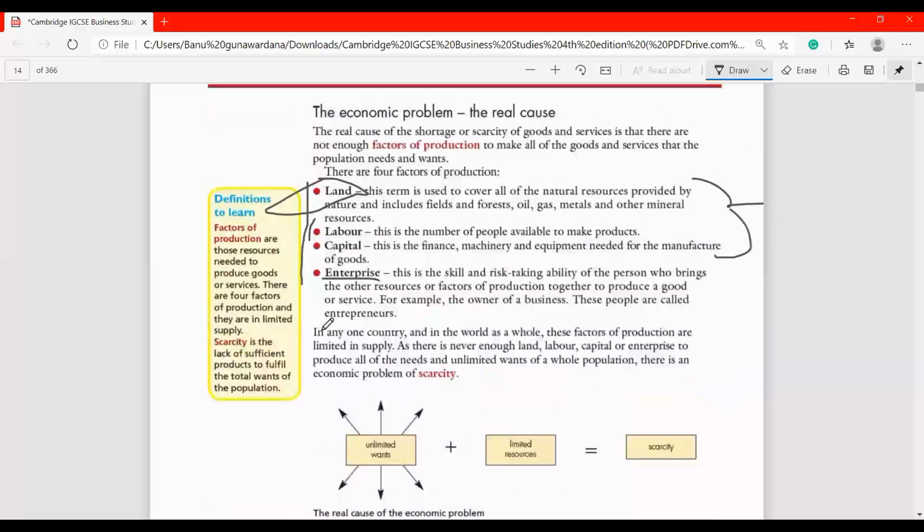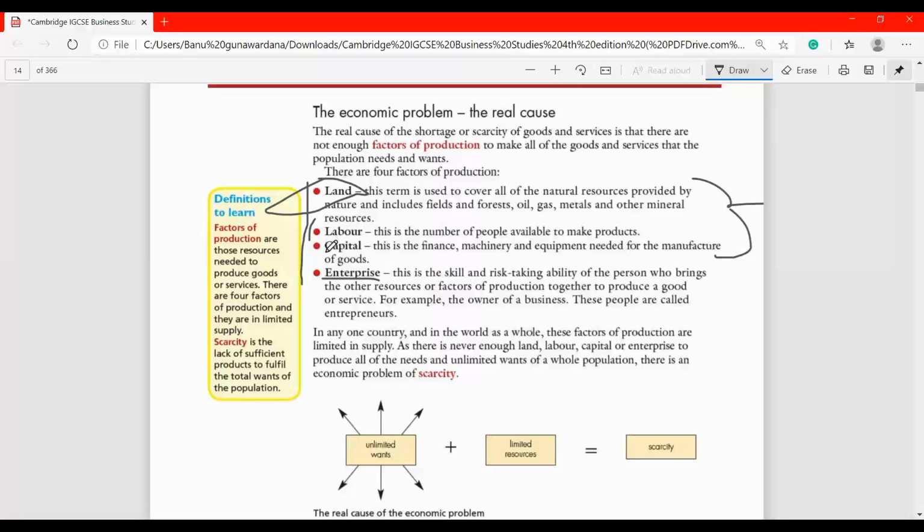So, as we have discussed, the resources are limited while the wants are unlimited. It can be evidently seen that the resources such as land, labor, capital, and enterprise are limited in supply because there won't be endless amounts of natural resources, which means land is limited. And there won't be endless amounts of labor, which means labor is limited.